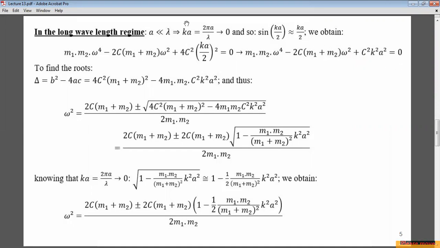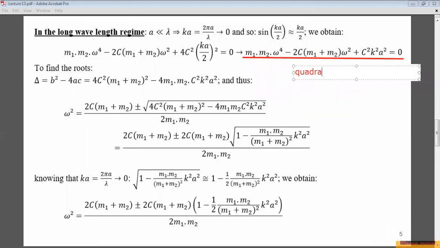This is now a quadratic equation with omega square as our unknown.